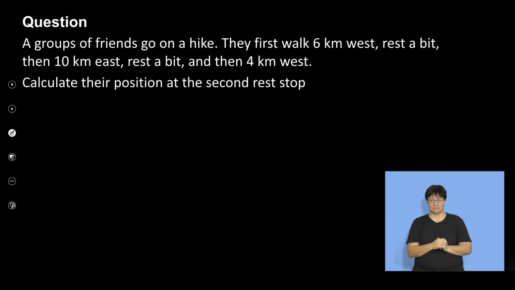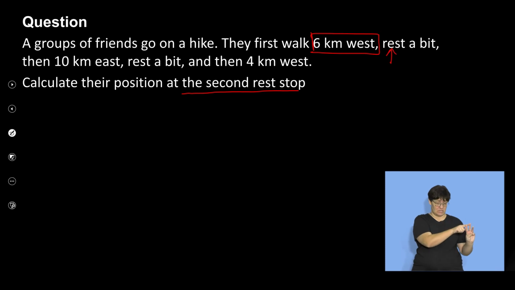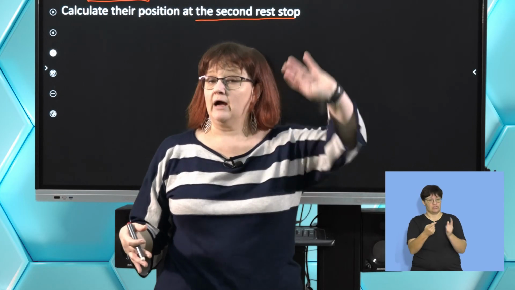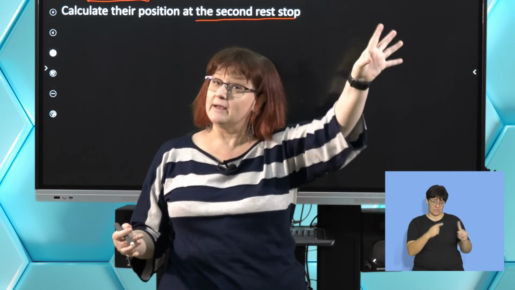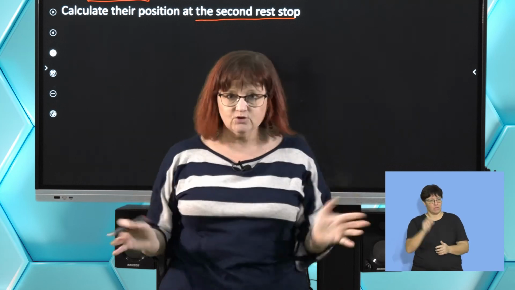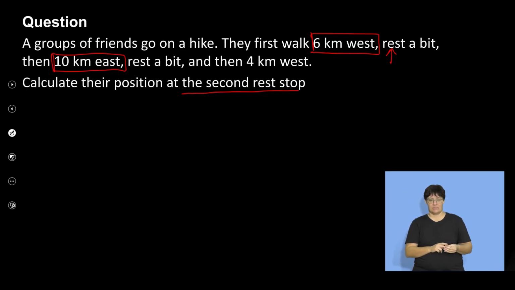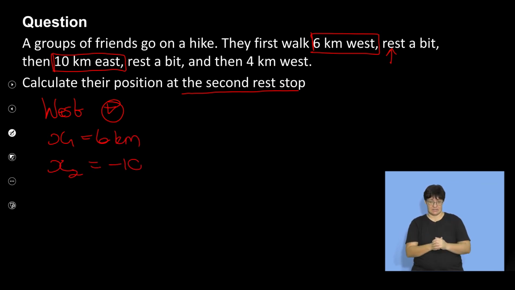So calculate their position at the second stop. So they would have gone 6 kilometers west, first stop. Then they went 10 kilometers east. You can't change which direction you want as positive. Okay, so right in the last part of this, we went west is positive. I have to stick to that. You can't change your mind along the way. So we've still got west as positive. Okay, so x1 is 6 kilometers. x2 is minus 10.